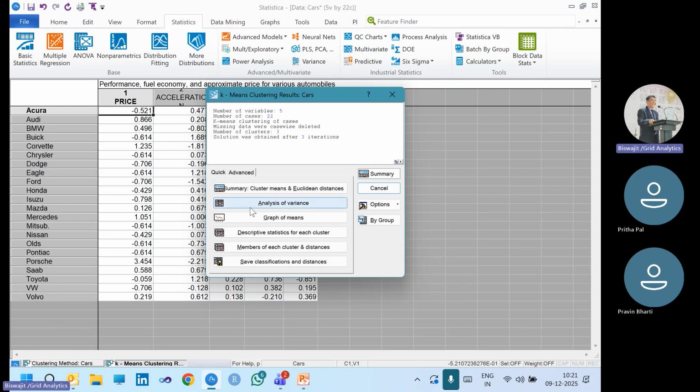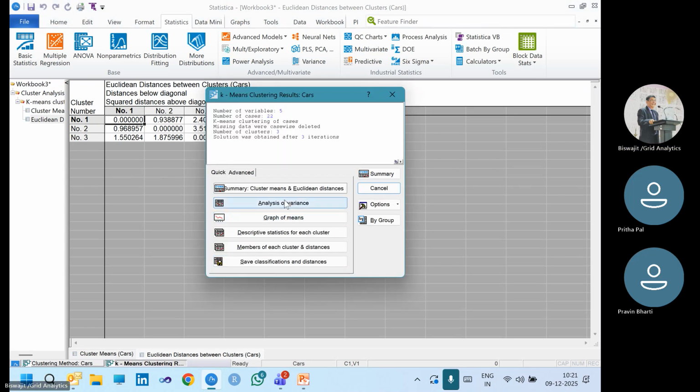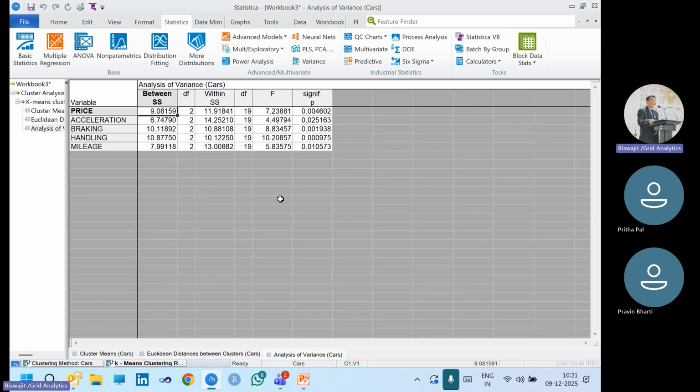So let's explore all the output it has given. Summary of clusters, means and Euclidean distance, right? Since we wanted to build three clusters, I got the three clusters. I got the distance also, right? Heterogeneity between clusters: what is the distance between cluster 1, cluster 2, cluster 3. I get the analysis of variance, the ANOVA table.